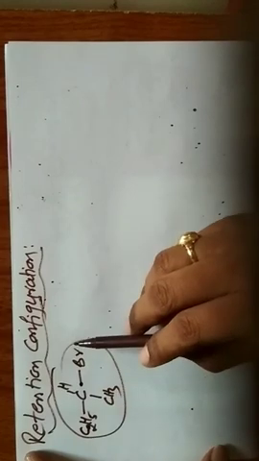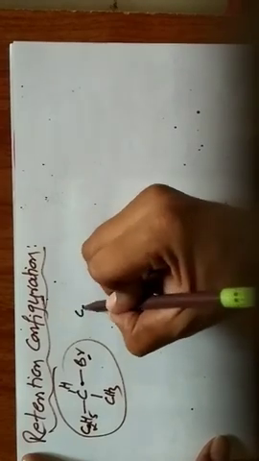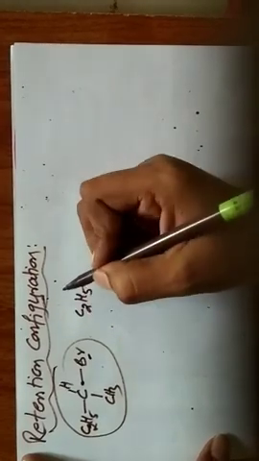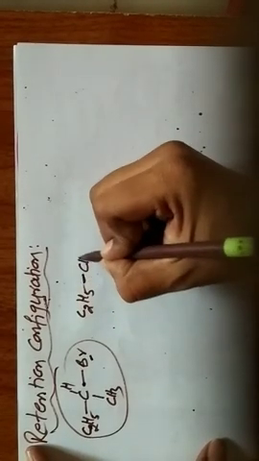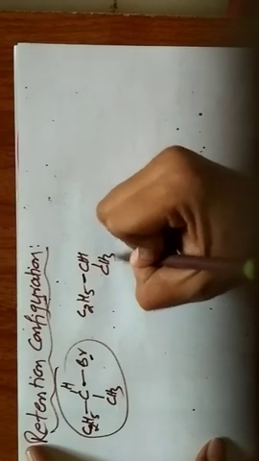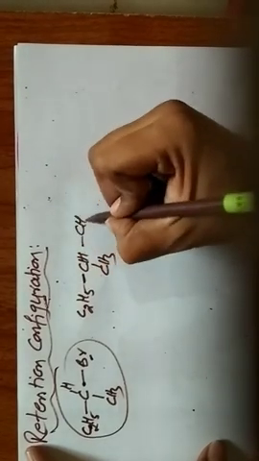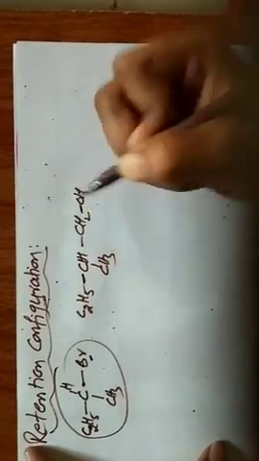So instead of Br, we can take alcohol. So alcohols are involved in retention configuration compounds. This is one molecule, an alcohol molecule.